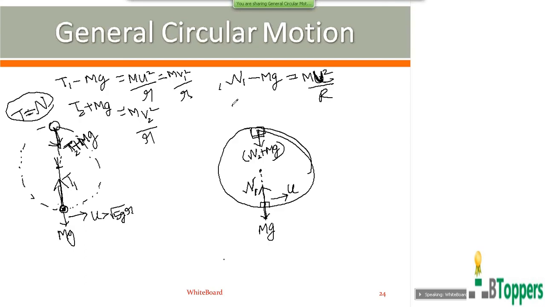So at the highest position, the magnitude of centripetal force on the block is equal to N2 plus mg. That is equal to mv square by r. You get a similar relationship between N1 and N2, similar to the relation we discussed between T1 and T2 in the previous class.